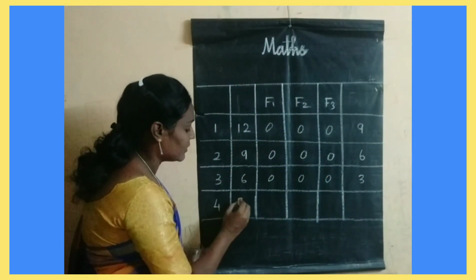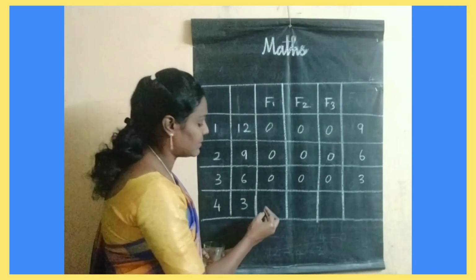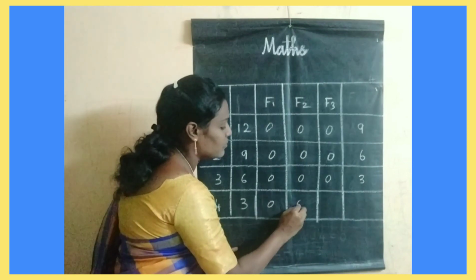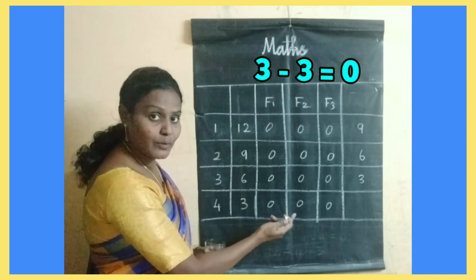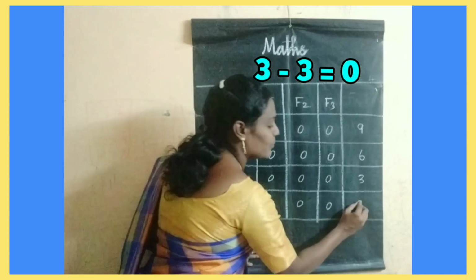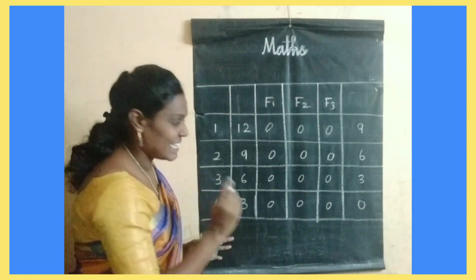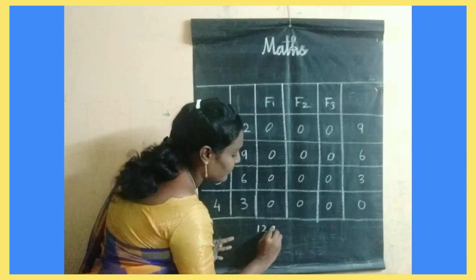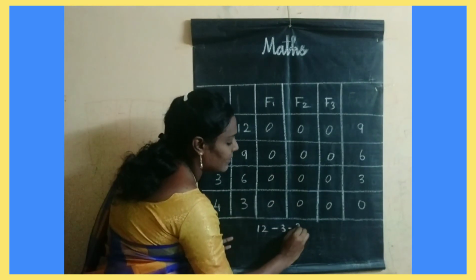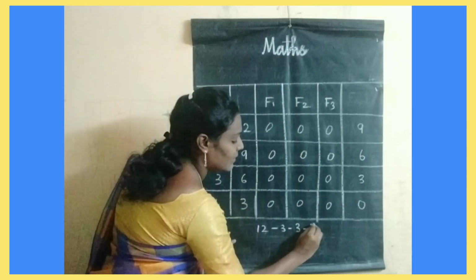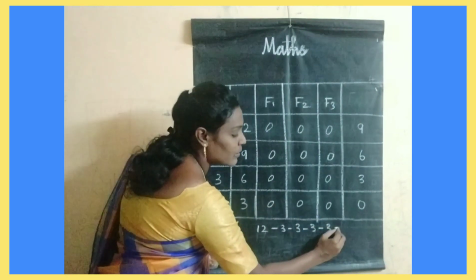Step 4. I have 3 badams. I am going to share this among my friends. 1, 2, 3. 3 minus 3 equal to? Yes, 0. The subtraction facts? Yes, 12 minus 3 minus 3 minus 3 minus 3 equal to 0.